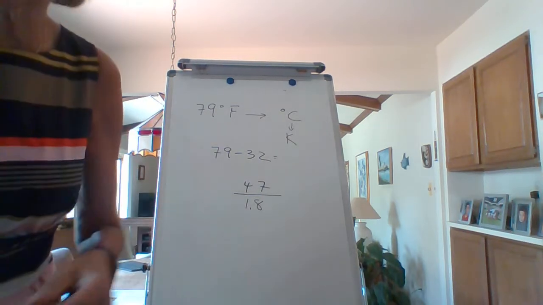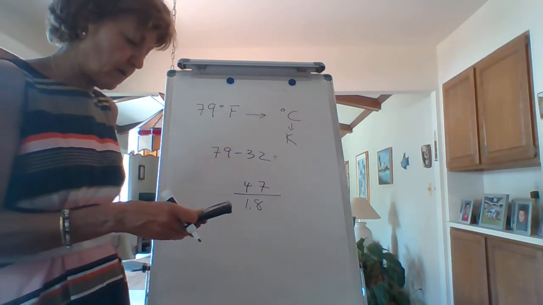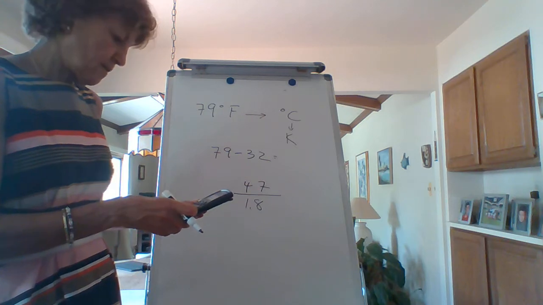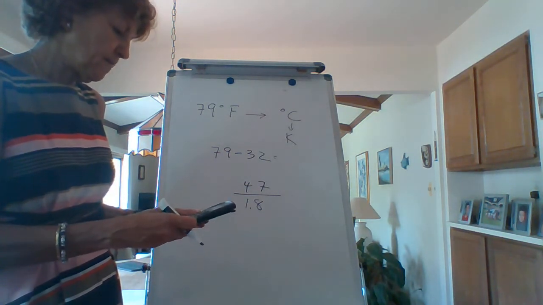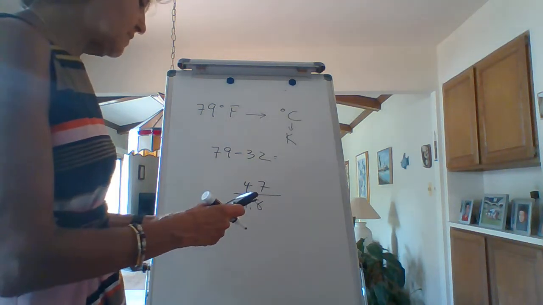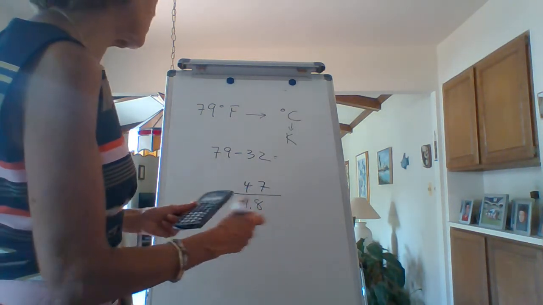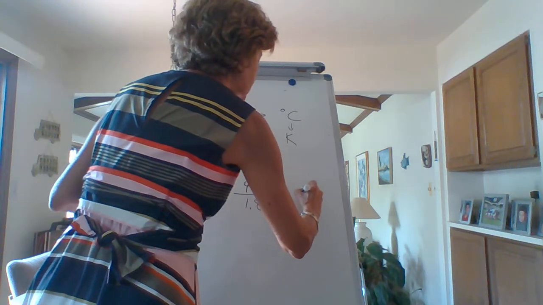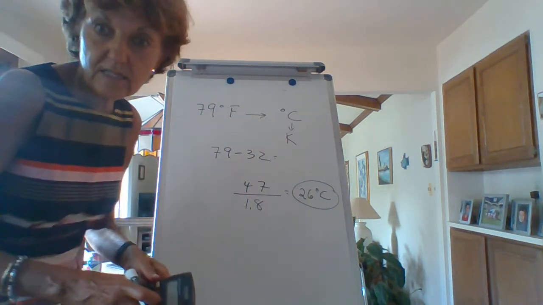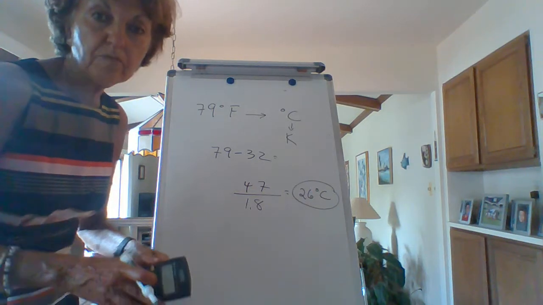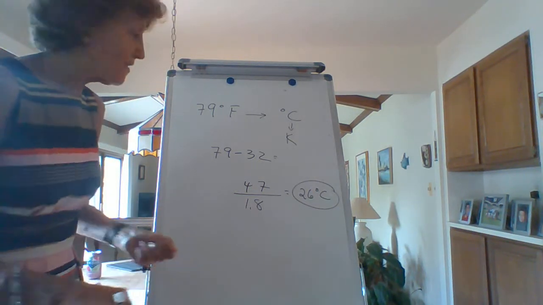So let me get my calculator because that I can't do in my head. 47 divided by 1.8, and you end up with 26.111111. Let's just leave it at 26 degrees Celsius. Okay, so that's the temperature right now in my kitchen today.